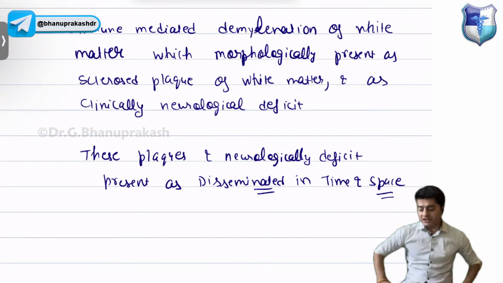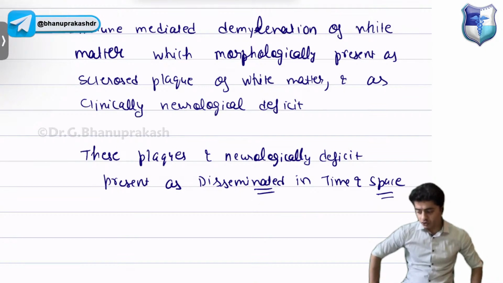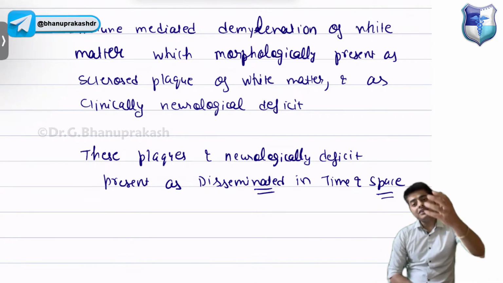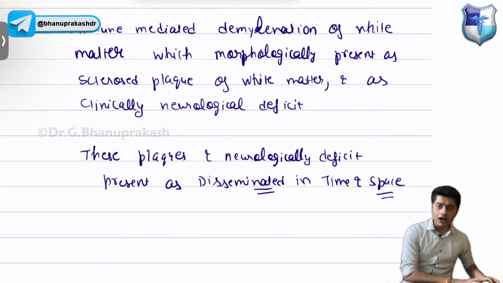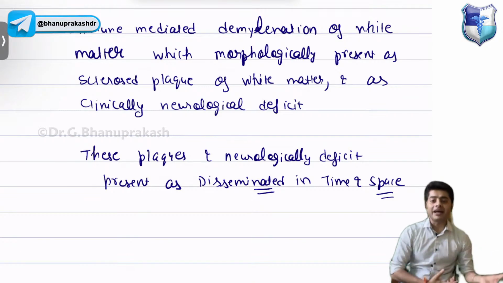So what do you mean by time and space? Suppose today the plaque was in the medulla, then 2 months after the plaque will be in the spinal cord, and 2 months after it will be in the cerebellum.